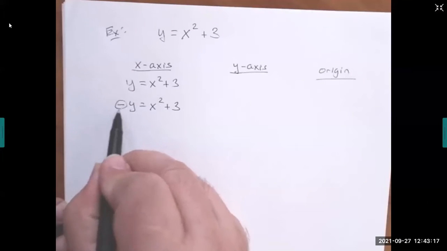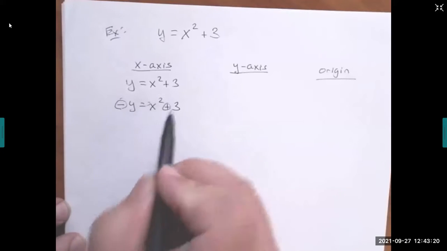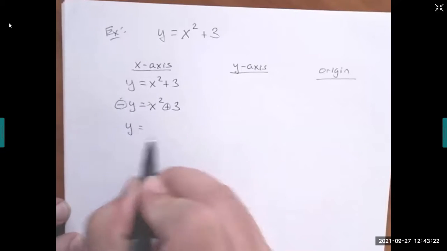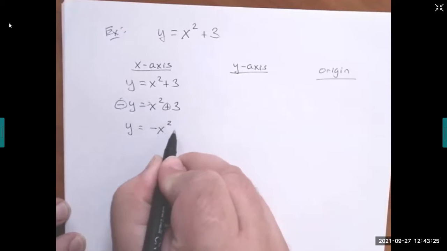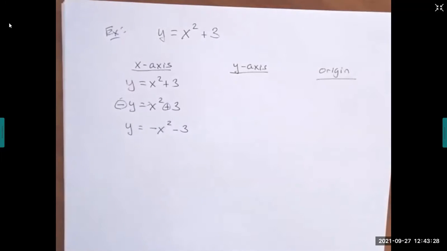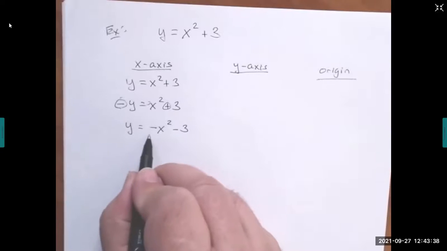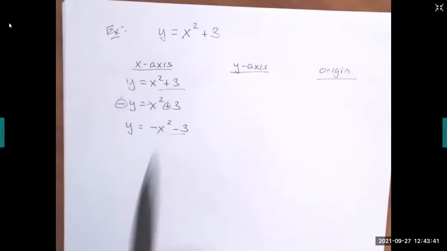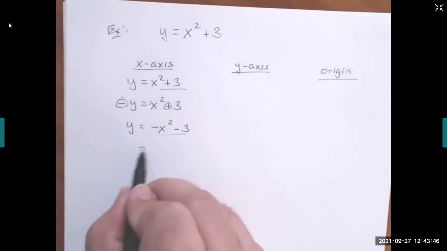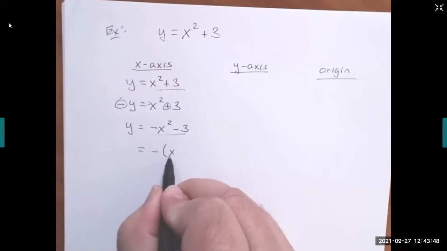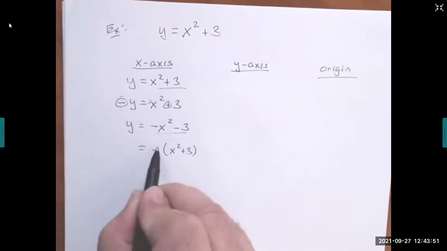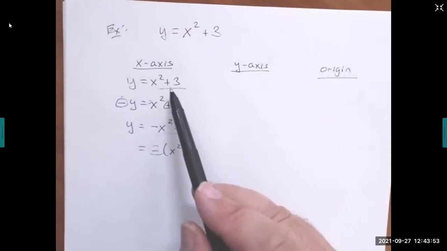Since there's a negative in front here, is this the same as this? Even if we took out the negative, there's still that negative there, so it's not the same. So it's not symmetric about the x-axis.